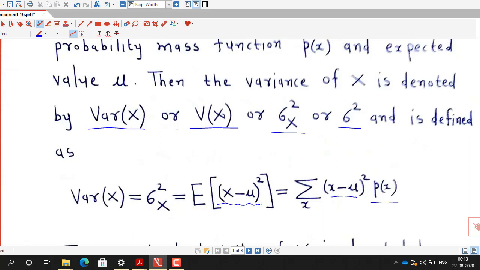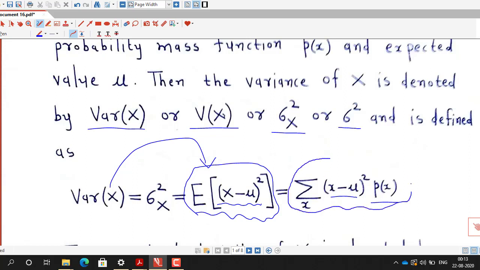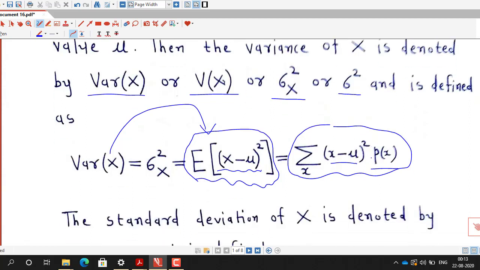So this is by definition expected value of (X minus mu) whole square. This is nothing but variance of random variable capital X, and if p(x) is given, we can find out variance of a random variable using this formula.